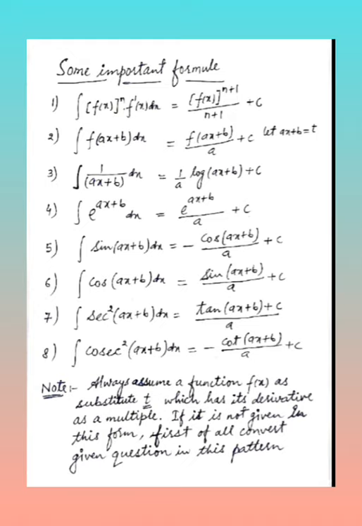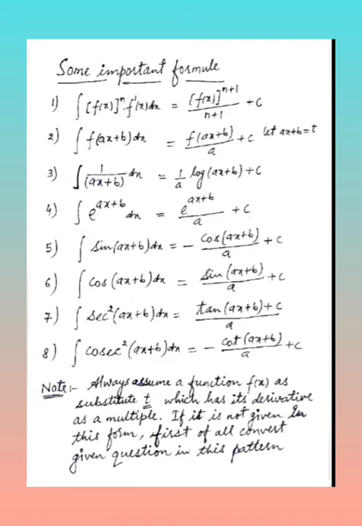Formula 4, integration of e raised to power ax plus b dx. It results in e raised to power ax plus b upon a plus c. Formula 5, integration of sine of ax plus b into dx. It results in minus cos of ax plus b upon a plus c. Formula 6, integration of cos of ax plus b into dx.